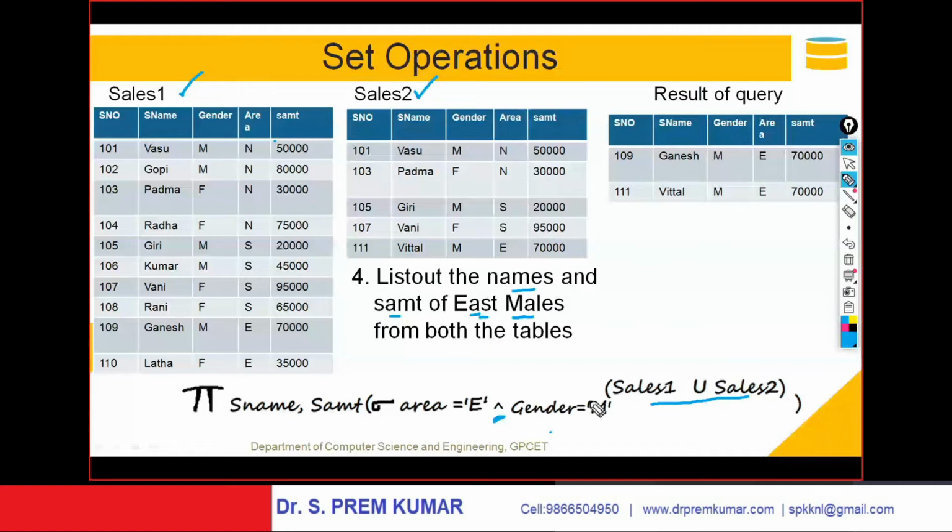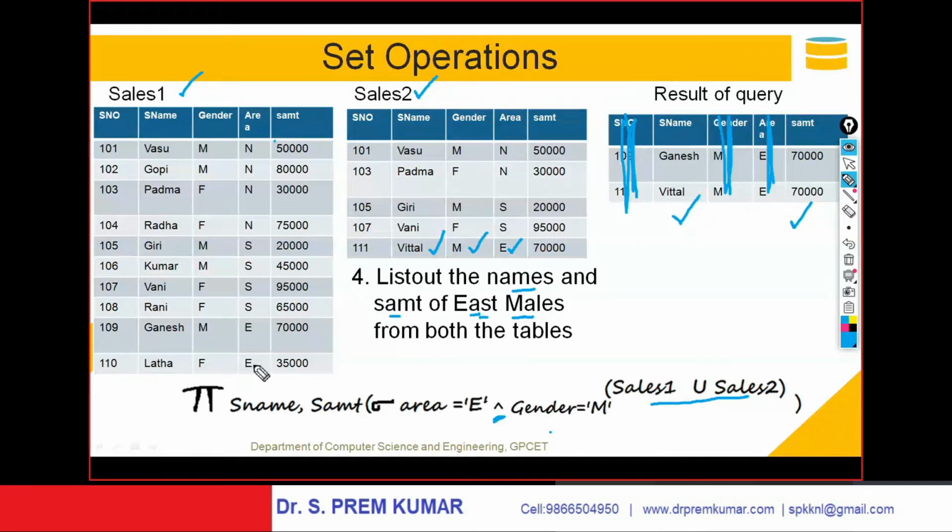And I am projecting only names and sales amounts, so in the result you will not get salesman number, gender, or area. You get only the names and sales amounts of East males. East males are nothing but Ganesh and Vittal.